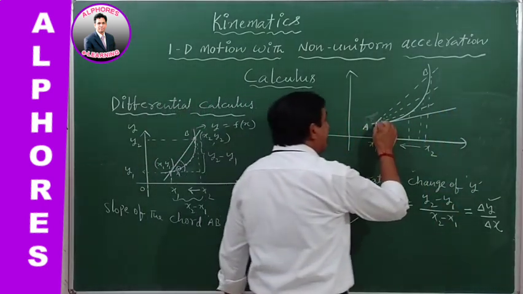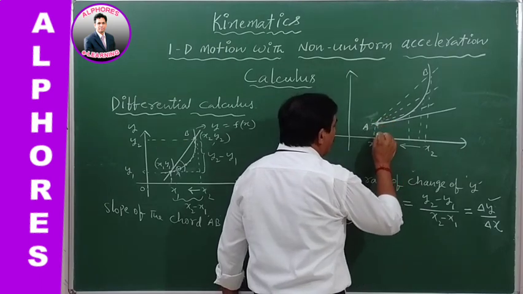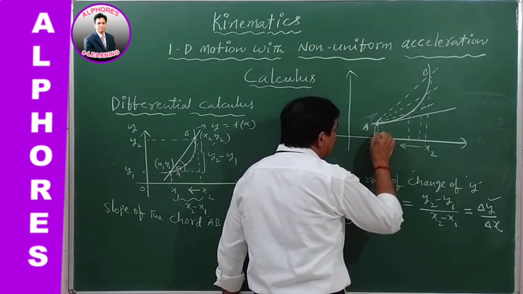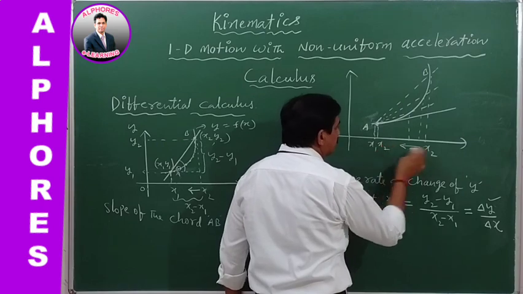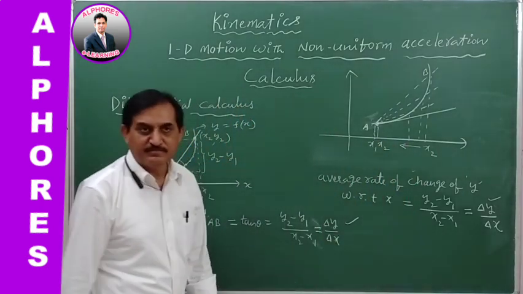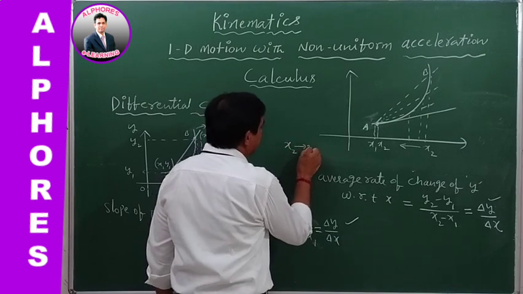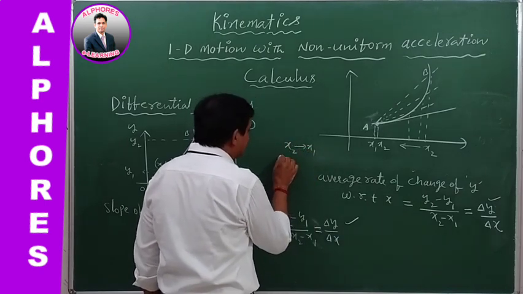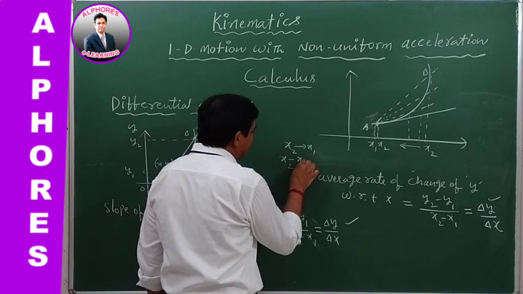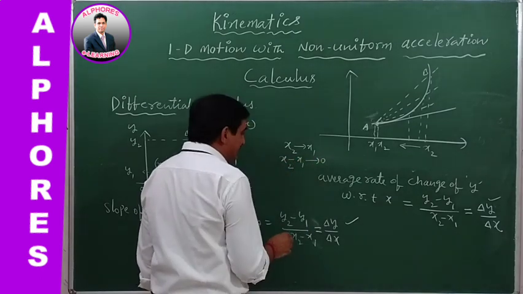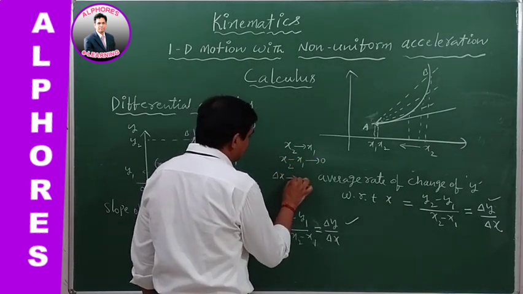When it is giving the tangent at point A, x2 is very close to x1. Then what happens? x2 tends to x1, which leads to x2 minus x1 tends to 0, which leads to delta x tends to 0.